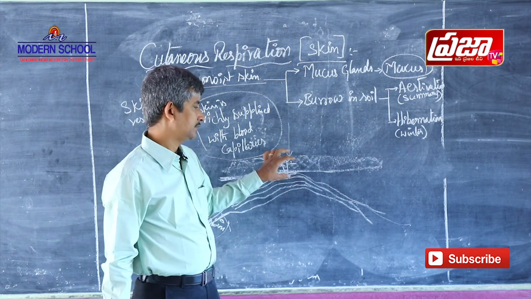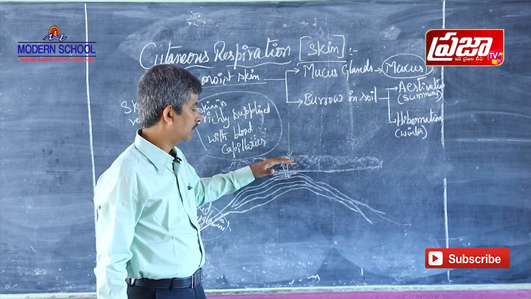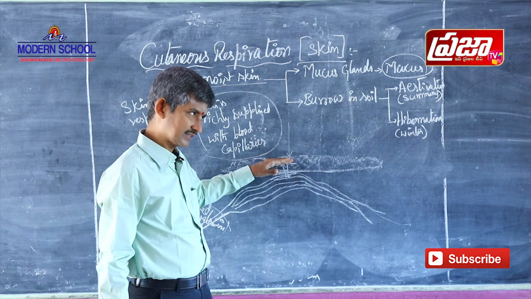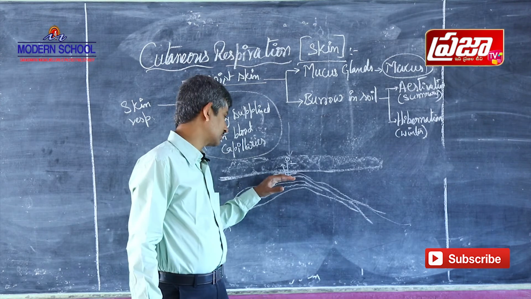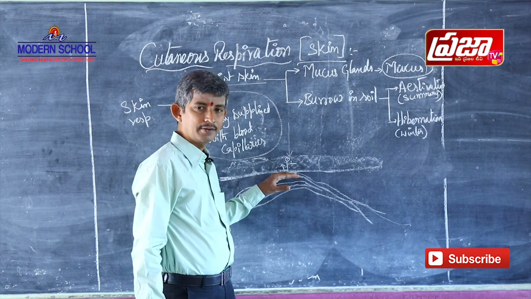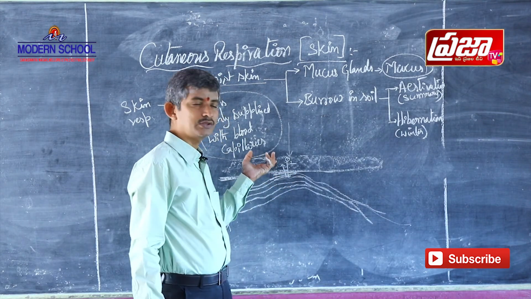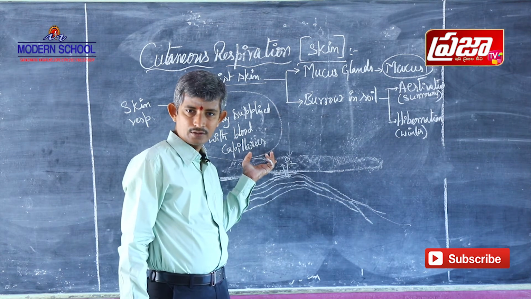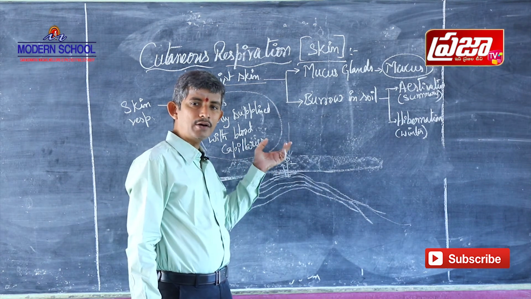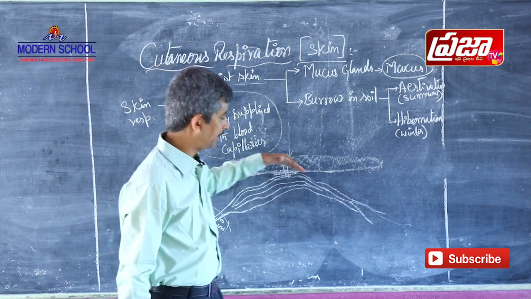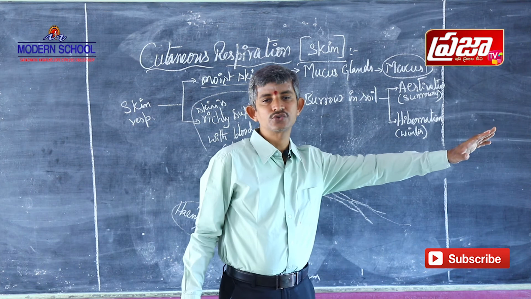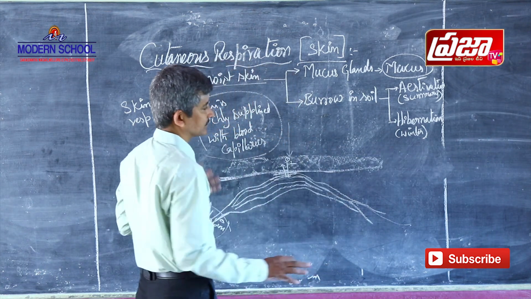The oxygen present in the water or moisture dissolves into the blood, and the carbon dioxide in the blood dissolves into the water. Carbon dioxide goes into the water and oxygen comes into the blood. This is how exchange of gases takes place, and oxygen is transported to the different tissues in the body. This is that process.